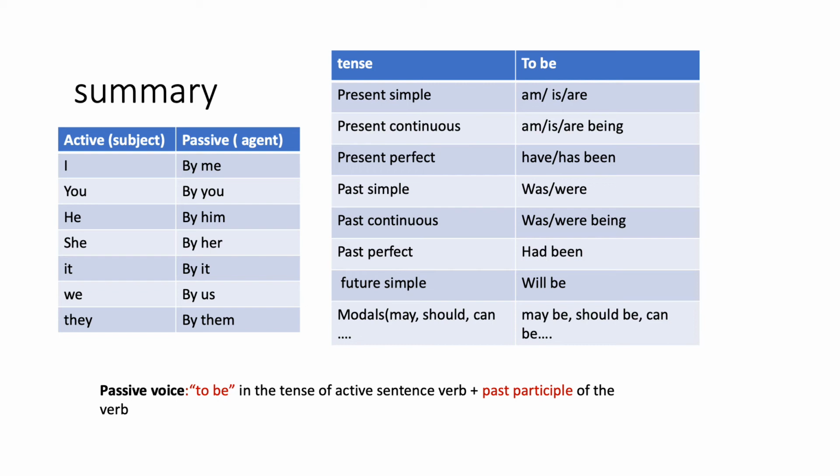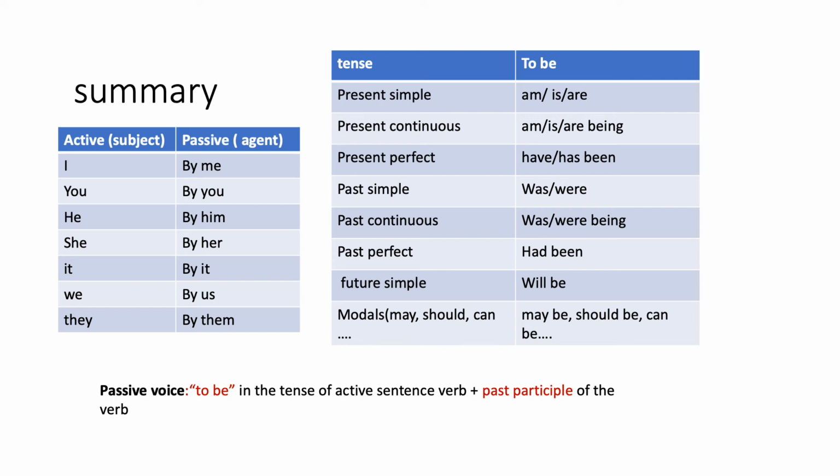When you transform from active to passive, they become, as we see in the table: I becomes by me, you by you, he by him, she by her, it by it, we by us, and they by them.